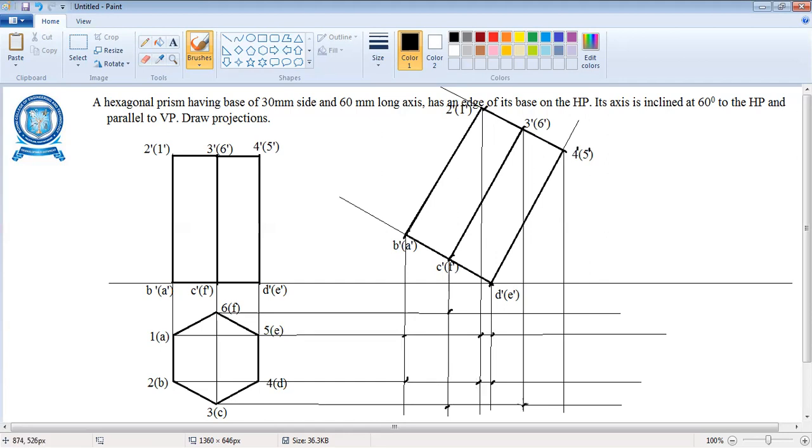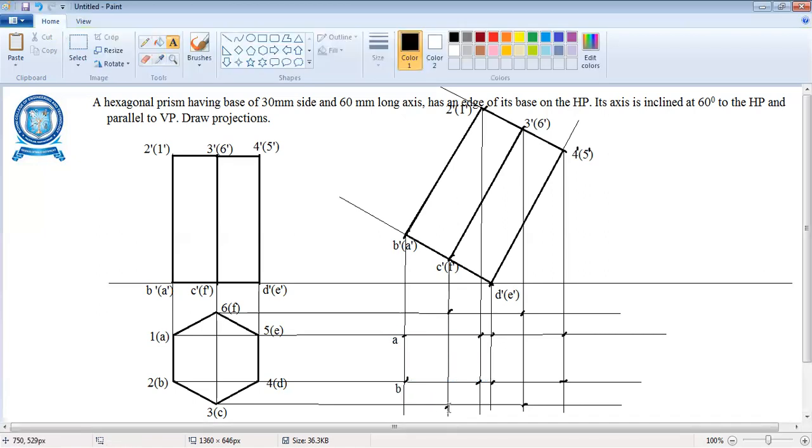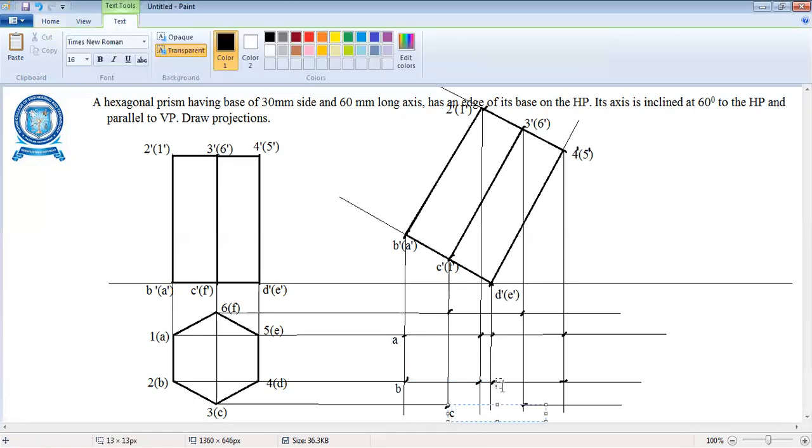Mark the common points from the front view. This one is A, B, C, this one is D, and these points are 1, 2, 3, 4, 5, 6.